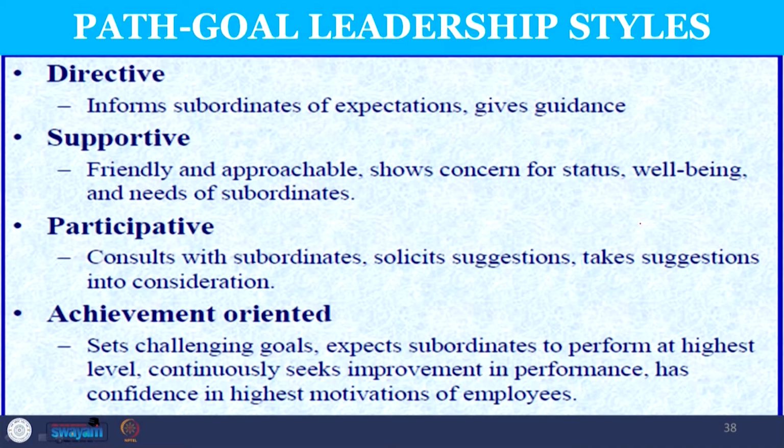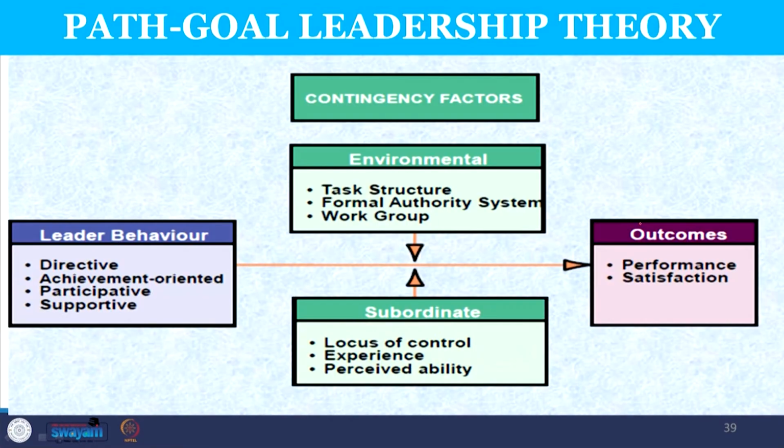So, achievement oriented leaders focus on the challenging nature of tasks, setting goals which will improve the standards of performance. Their expectation of subordinates is higher performance, continuous improvement, and they have confidence in the highest motivation of employees.